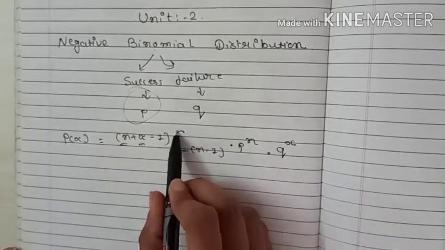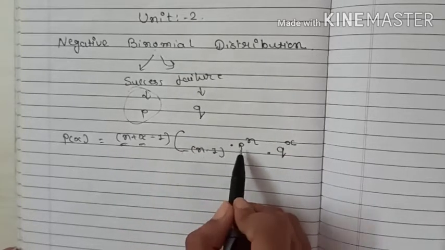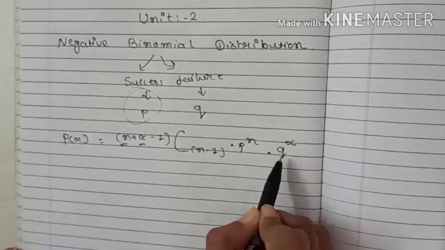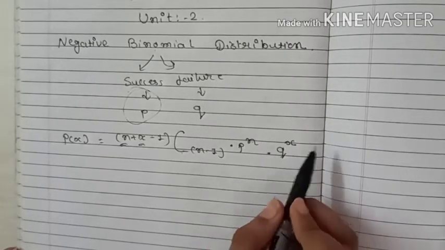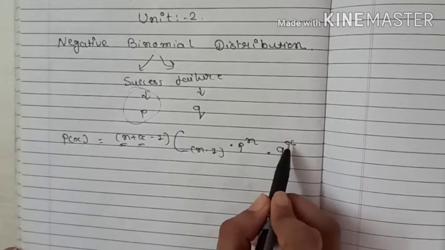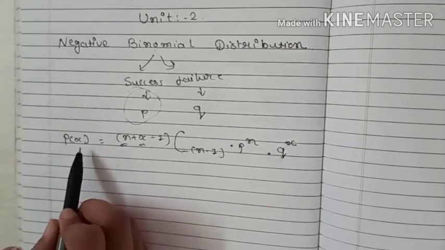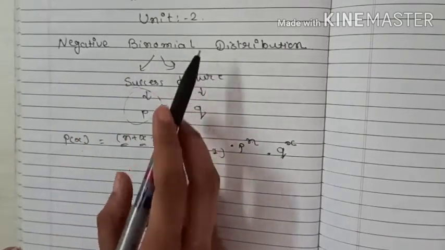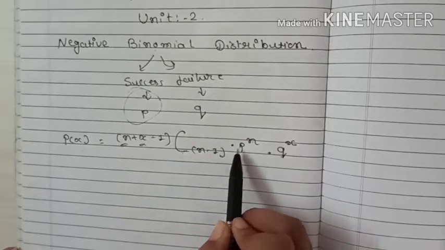C means combination, which we have to find out. P is for success, Q is for failure, raised to n number of trials and x failures.